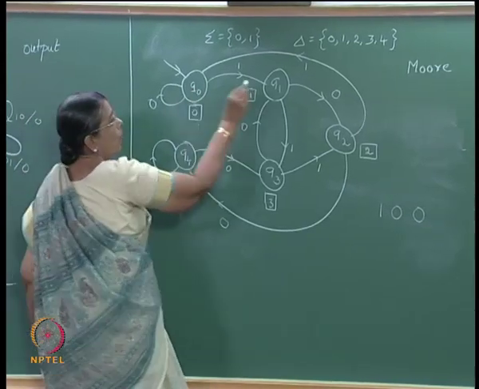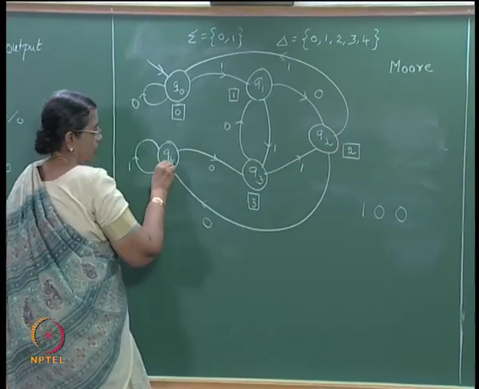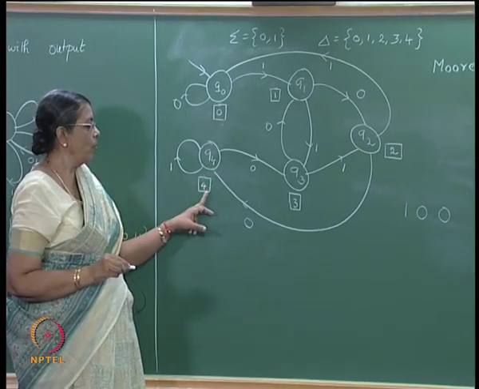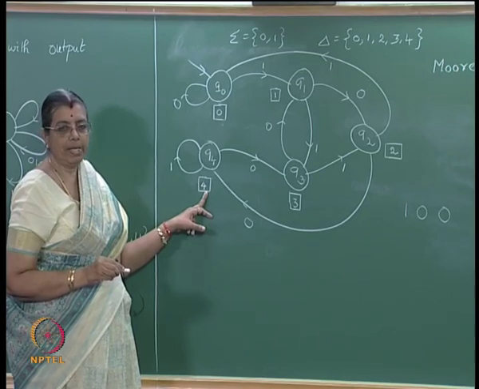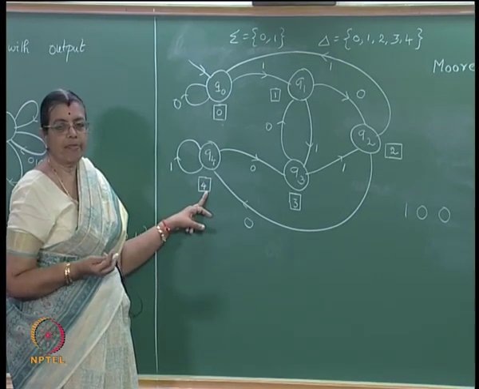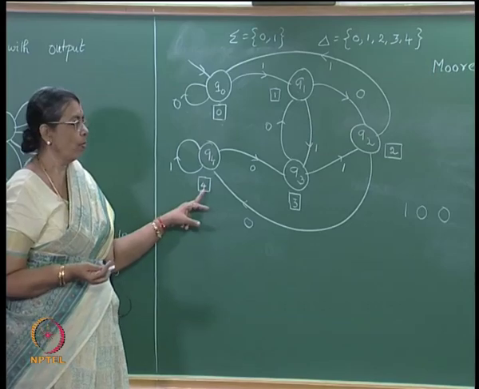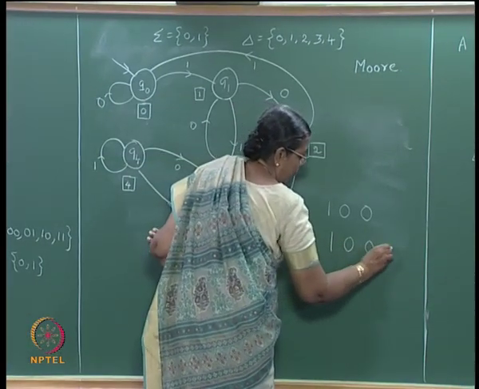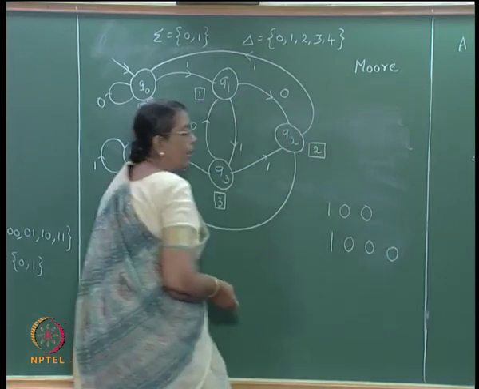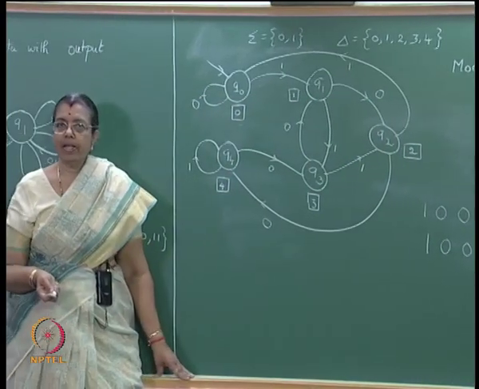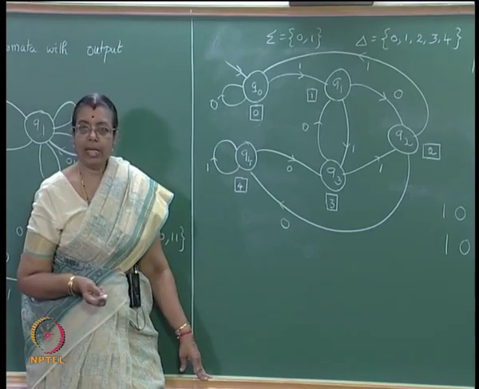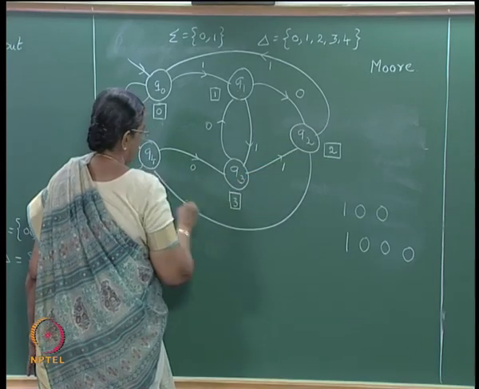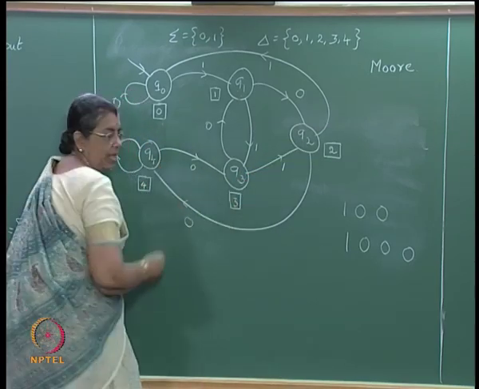So, 1, 0, 0, you reach state Q4 and output 4. What does that mean? When divided by 5, the remainder is 4. Suppose I take the number 8, 1, 0, 0, 0. When divided by 5, the remainder is 3. Let us see whether you output a 3. 1, 0, 0, 0, you output a 3.